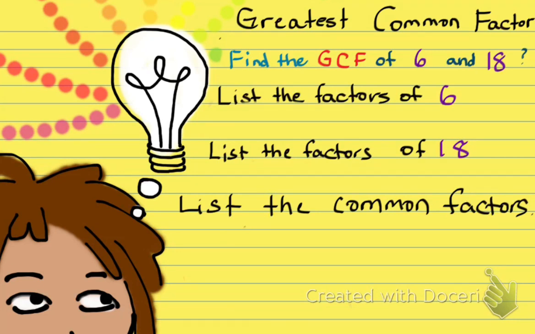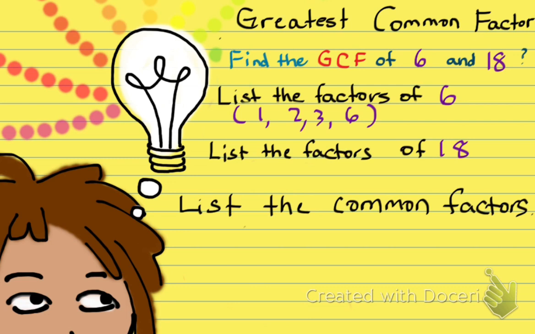Now let's try another example. Find the GCF of 6 and 18. First thing we will do is list the factors of 6. So we have 1 times 6 equals 6, and 2 times 3 equals 6. So we have the factors of 6: 1, 2, 3, and 6.